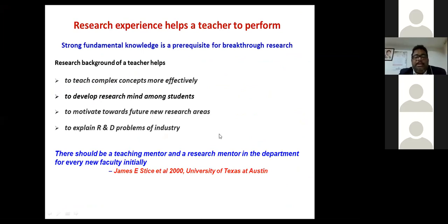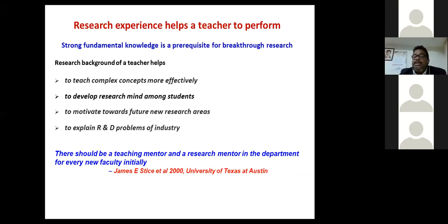So yeah, we are discussing why teachers should know the R&D problems of industries. There are many reasons. One is to update the students about what things are happening in the major industries in your area.